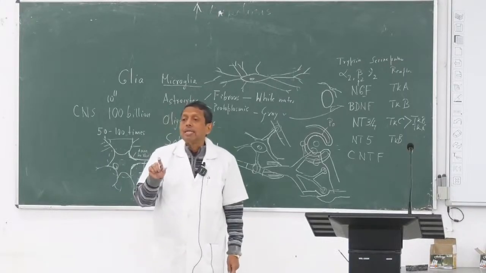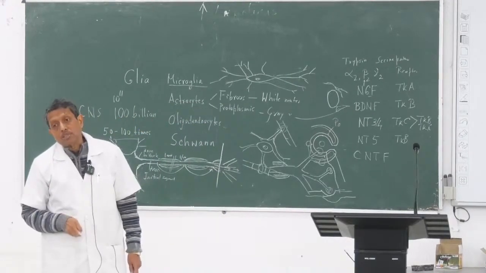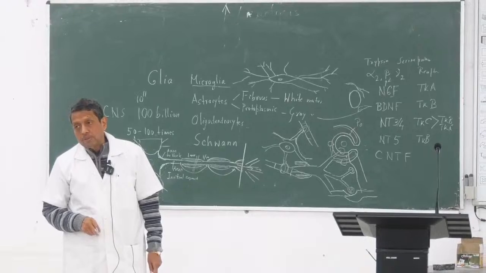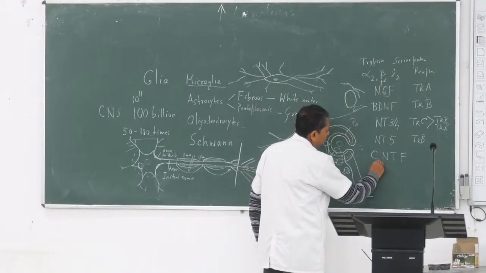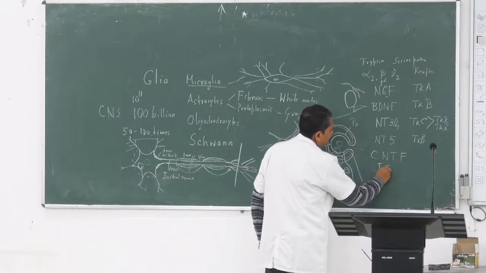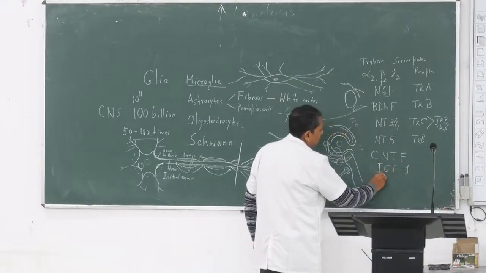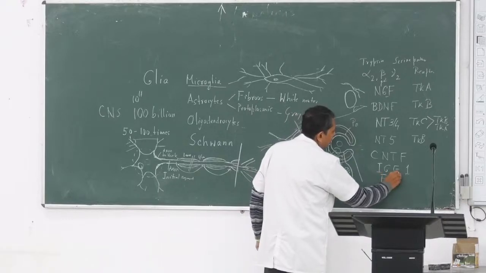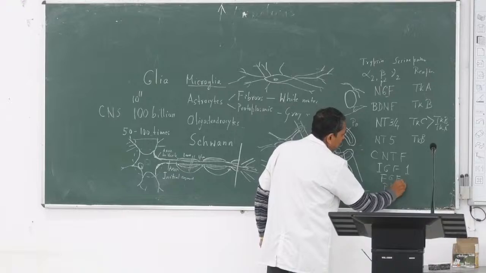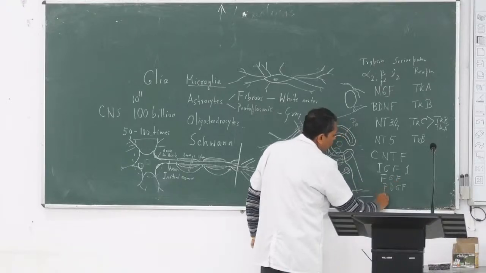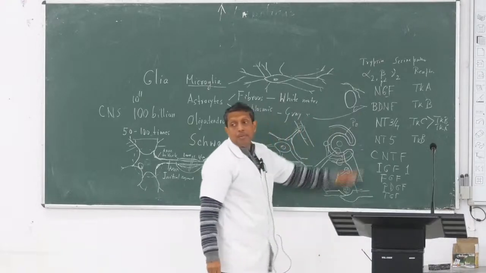There are some substances that have effects not only on neurons but also on other cells. Suppose insulin-like growth factor, IGF-1, fibroblast growth factor, platelet-derived growth factor, transforming growth factor, leukemia inhibiting factor.